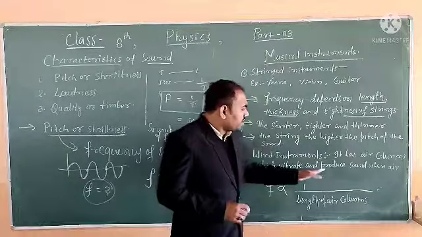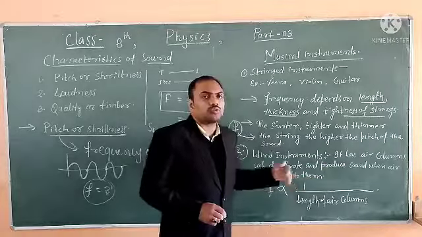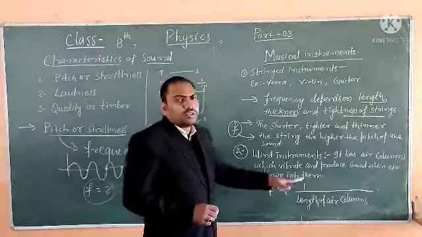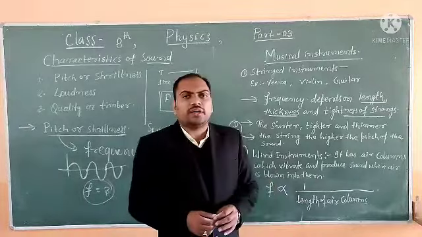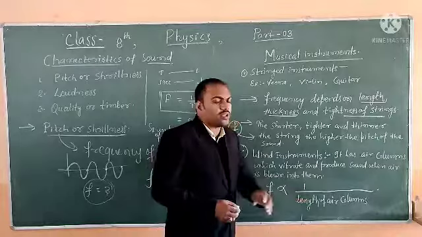So which vibrates and produces sound when air is blown into them, उसमें हवा. So the frequency of the wind instrument depends inversely proportional to the length of air columns.